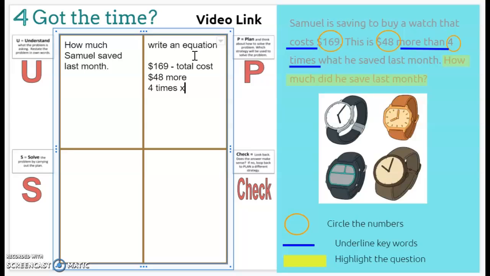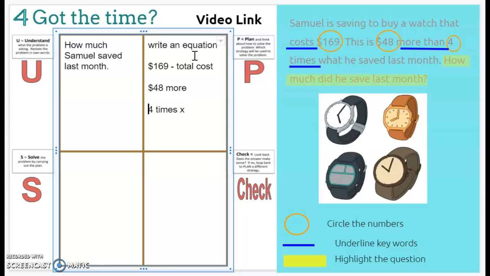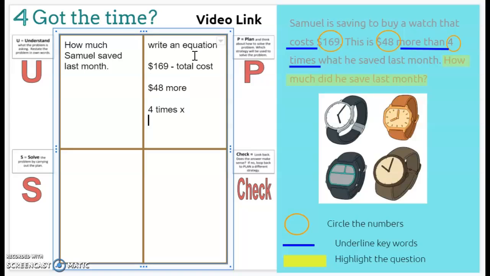We're not sure how much the amount is. Okay, so now let's separate this so we can see. Let's put this is the amount.